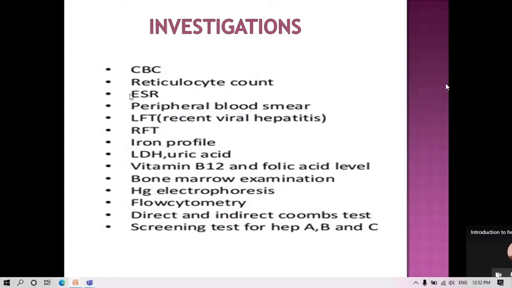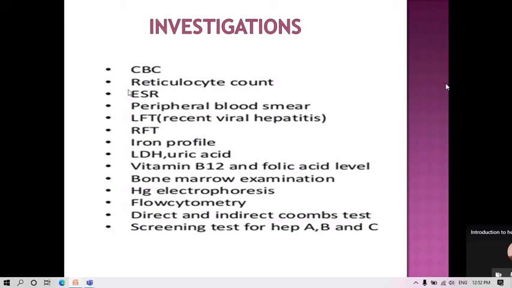You will advise some baseline investigations depending on the clinical presentation, your general physical examination, and your systemic examination. And you feel that there is anemia, like pallor is there, and hepatosplenomegaly is also there, and the patient is a child, and you suspect thalassemia.